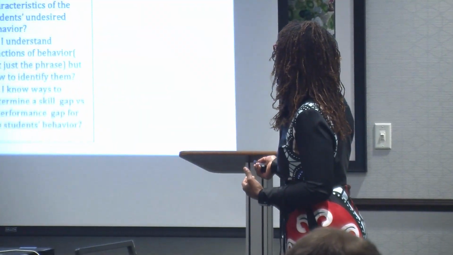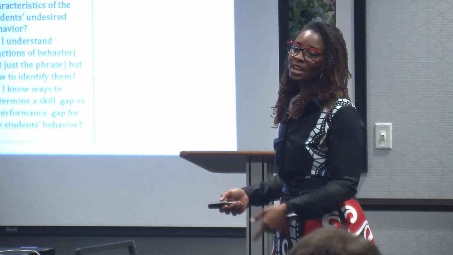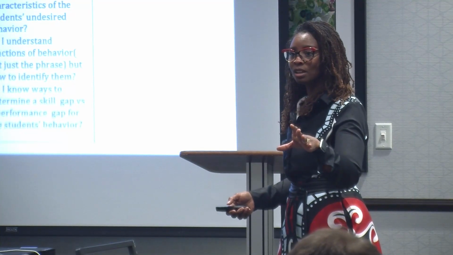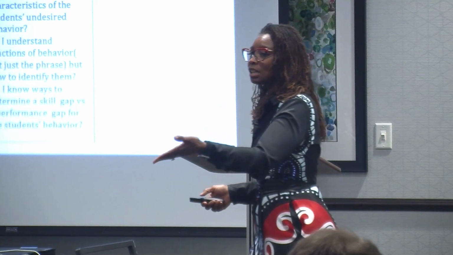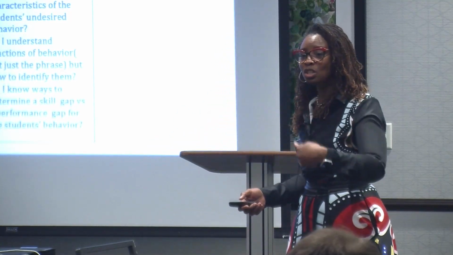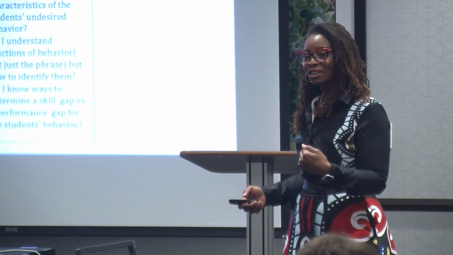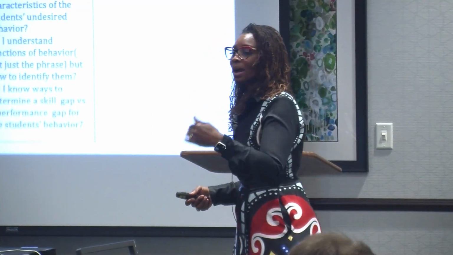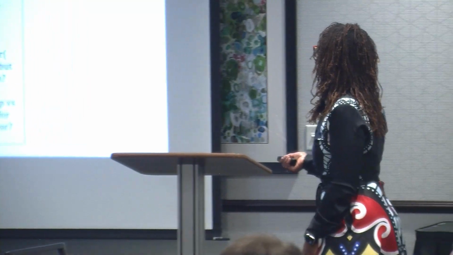Do I understand the function, not just the phrase, as everybody can regurgitate the phrase function of behavior. But what does that actually mean when I look at this student's particular behavior? How do I figure out what might be the reason why it continues to happen? And how do I know ways to just check?